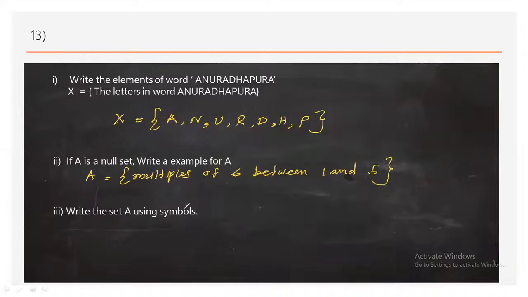Write the set A using symbols. We have to use the symbols. For that we are saying null set. If not, we can represent A as empty. Any of this you can use to represent this.